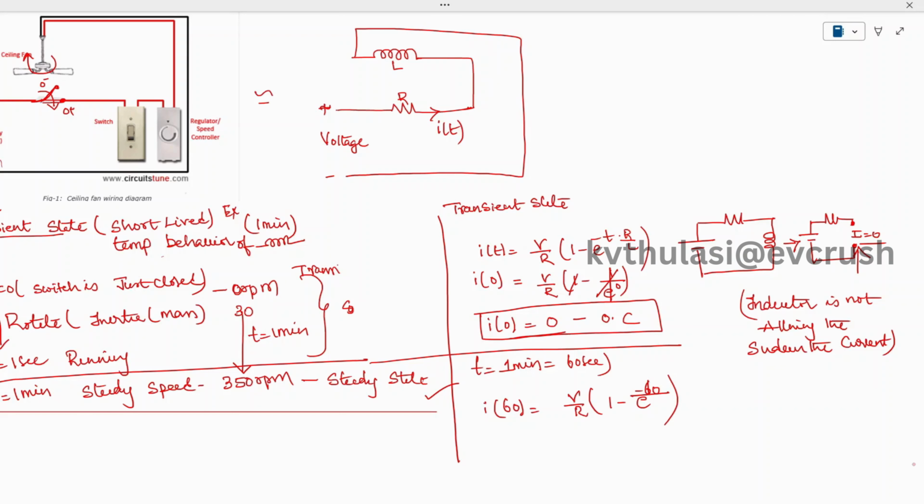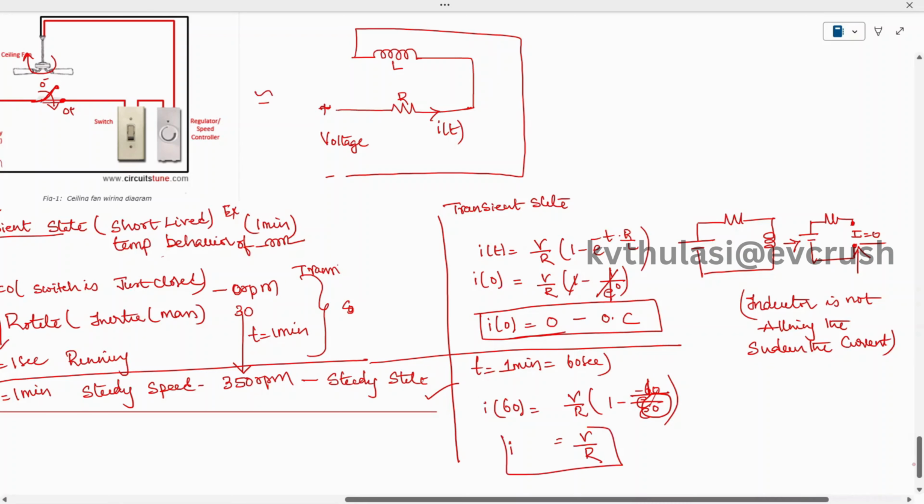Just substitute the time, and here you are going to get 1 by e to the power 60, how much? 1 by infinity is how much? 0. So automatically 1 minus 0 you are going to get as V by R. So current will exist here. Therefore, at the transient state the inductor is open circuited.